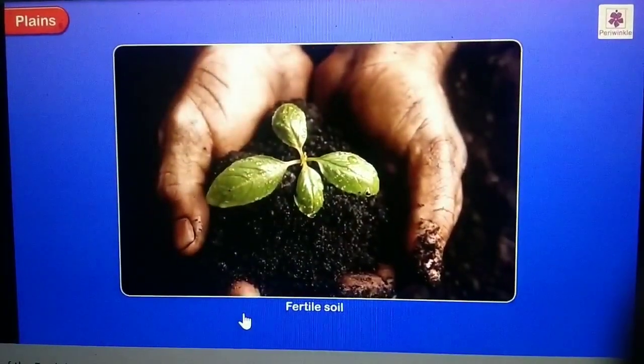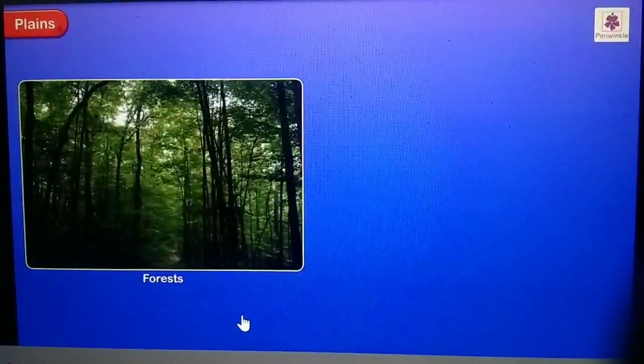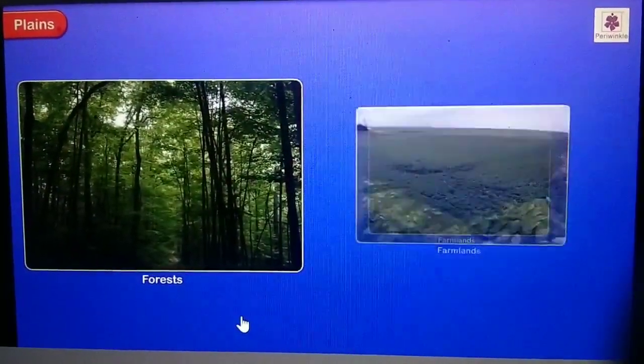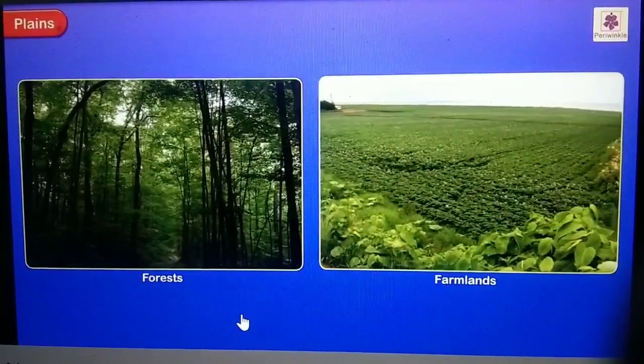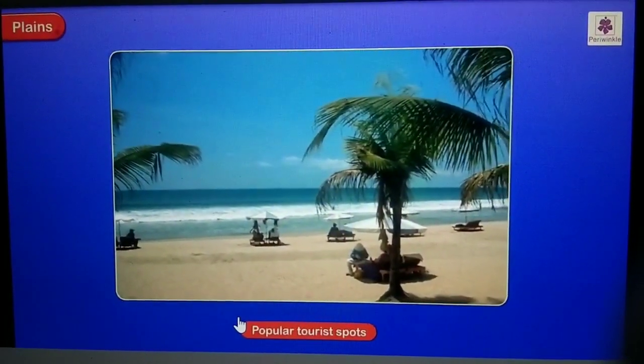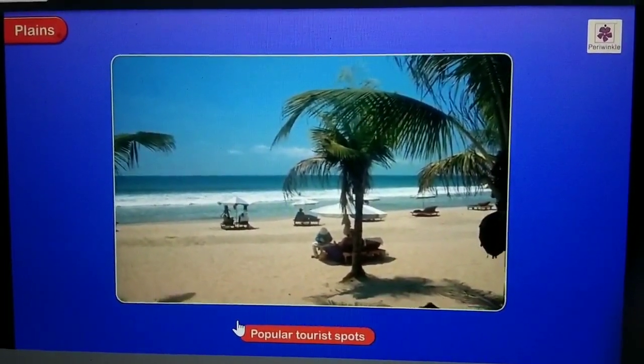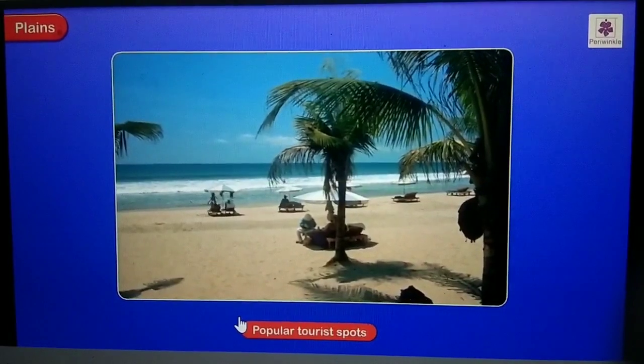The soil is fertile. Plains are rich in forests and farmlands. Coastal plains are located along the sea coasts, and many of these are popular tourist spots.